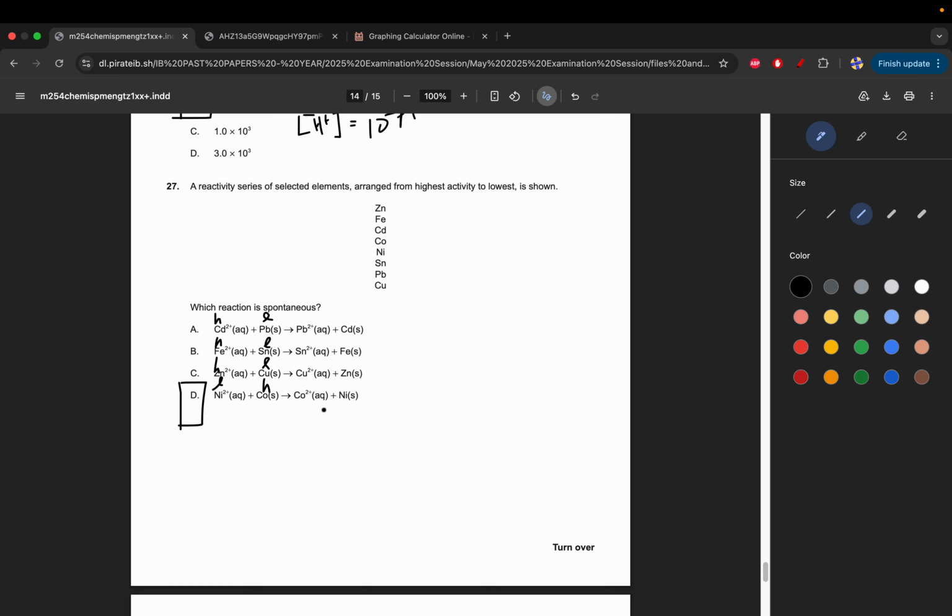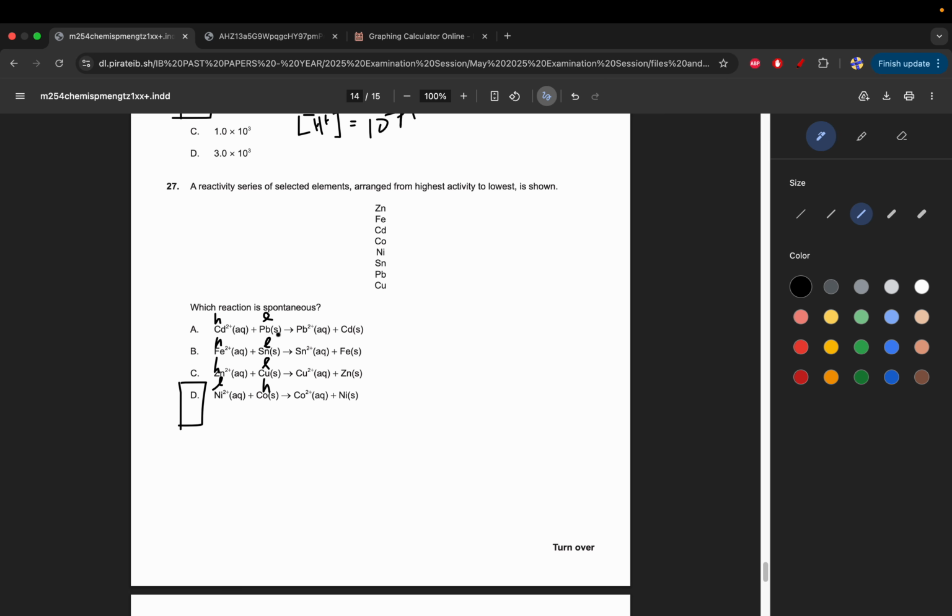Now, the way that you want to actually work this out, in terms of knowing the content, is that the one that's higher is going to want to turn into an ion most readily, and the one that's lower doesn't really care. If we have a neutral atom in the higher state, it's going to have the most powerful effect in trying to turn into an ion. All of these are lower, and these are already high up, so they have already done what they want to do, as in turn into an ion.